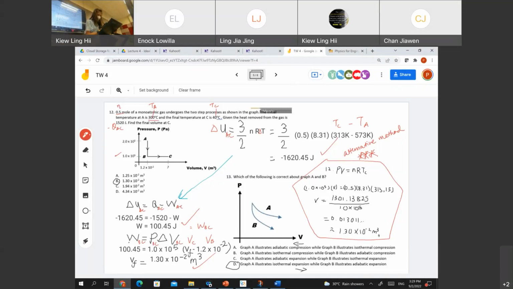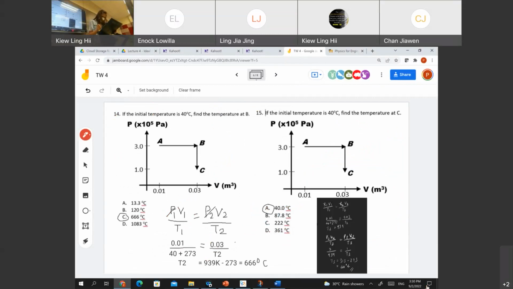B is steeper. So B is adiabatic, while A is isothermal. So how do we know if it is expansion or compression? Look at the direction of the arrow. The directions of the arrow show that the V increases. So that's why both are expansion.